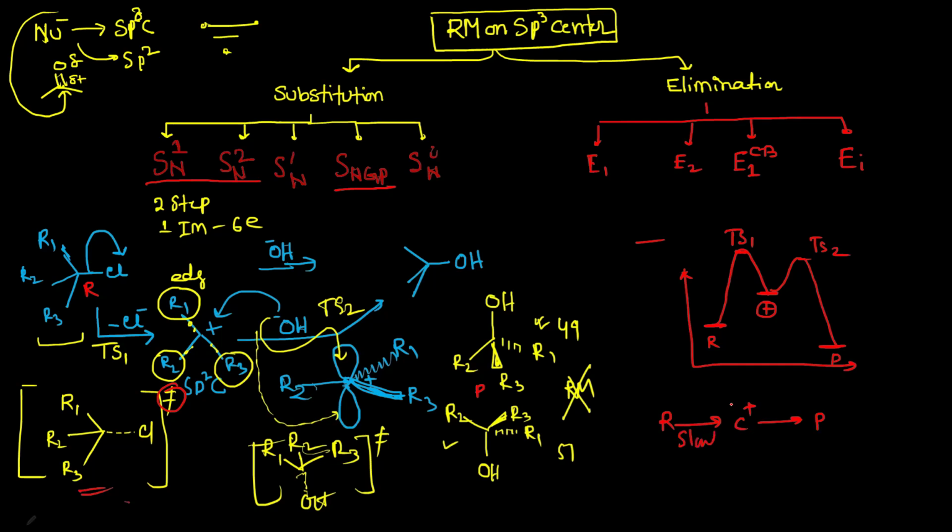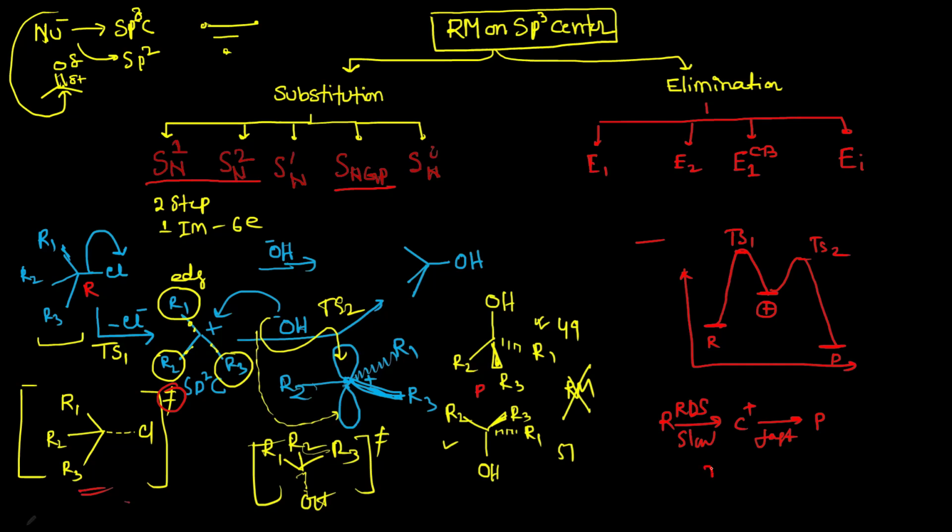But one charged species is very much unstable, so it will try to stabilize into product, a neutral molecule, very fast. So this is basically fast. So this is a slow step, and the slowest step is called the rate determining step. So in this SN1 process, step 1, or carbocation formation step, is the rate determining step.